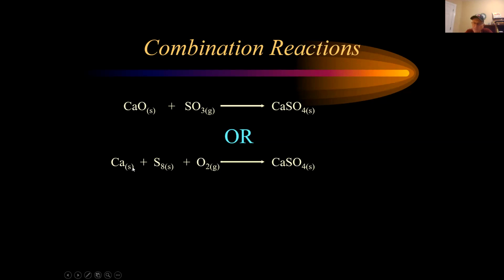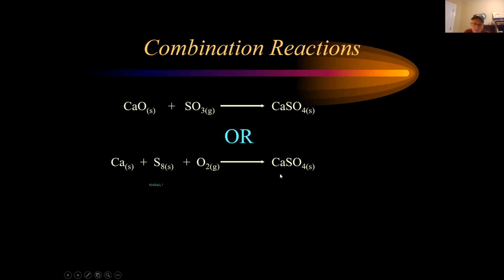But you've got to remember, reactions occur by actual physical contact between the elements. So if we took solid calcium and solid sulfur and oxygen, they would bump into each other and there would not be one speck of this compound formed.